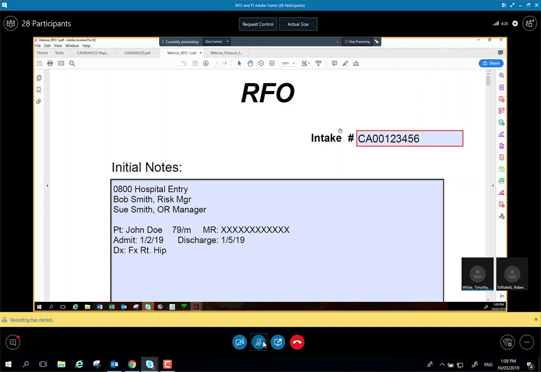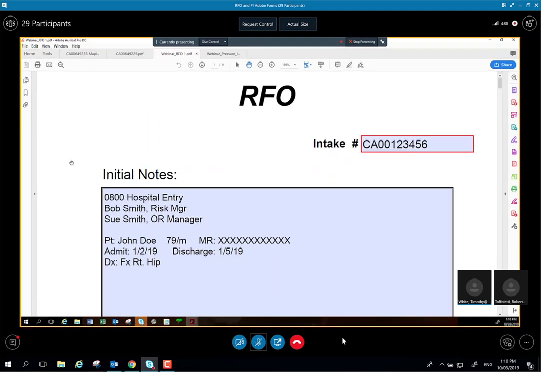So we start with an intake number. I would suggest to all the surveyors that you keep a master of this form in your documents on your C drive, because if you're out in the field, you may not have access to your other drives. As soon as you open it up for an investigation, you give it an intake number and save it again with that intake number so that you can move it over to your H drive later.